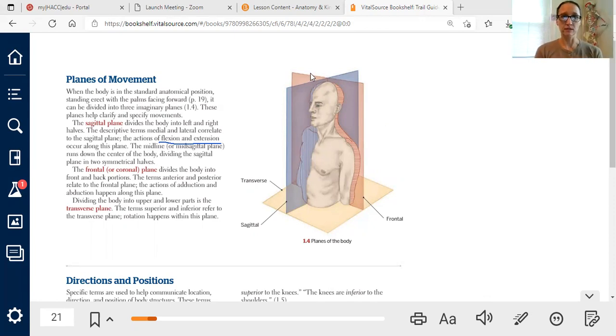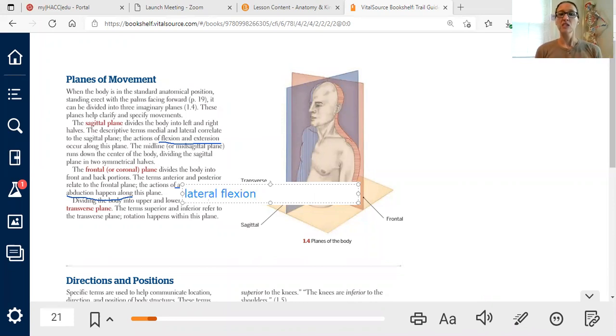So these movements of side to side are going to be adduction and abduction, as well as lateral flexion.